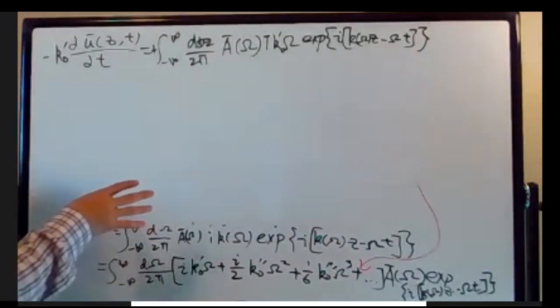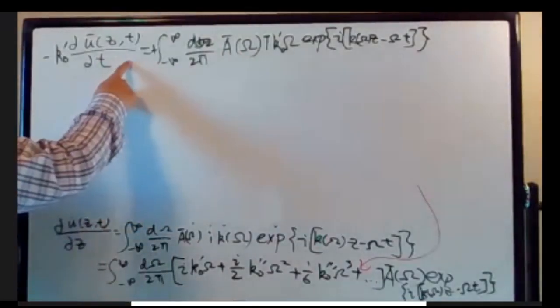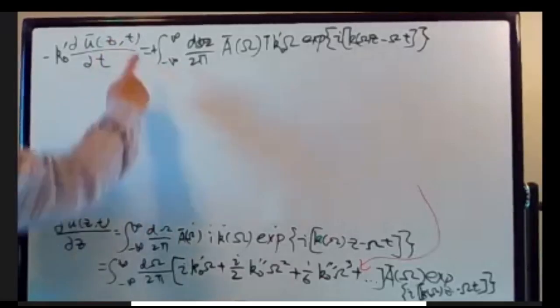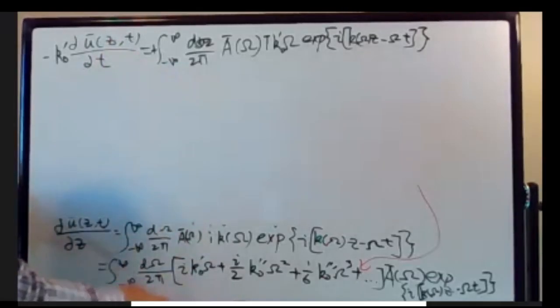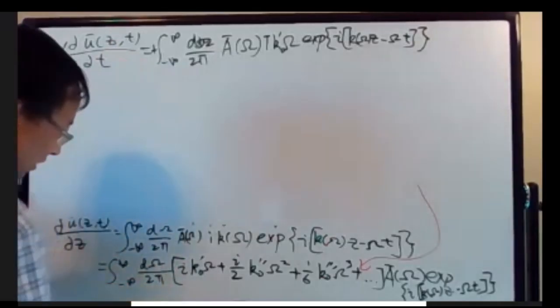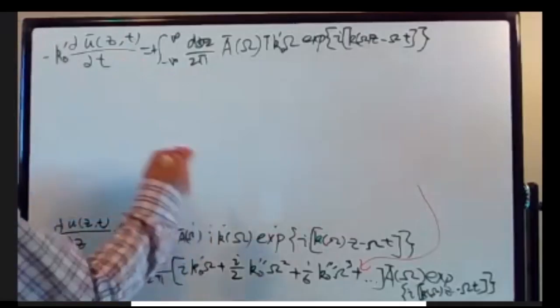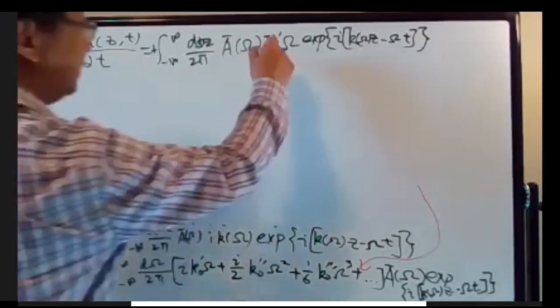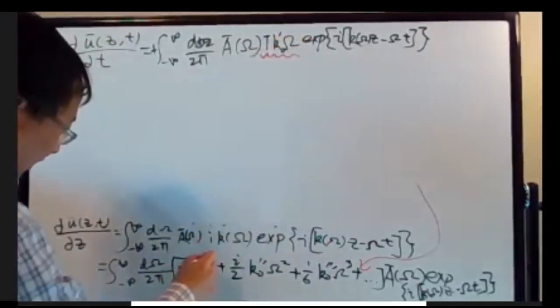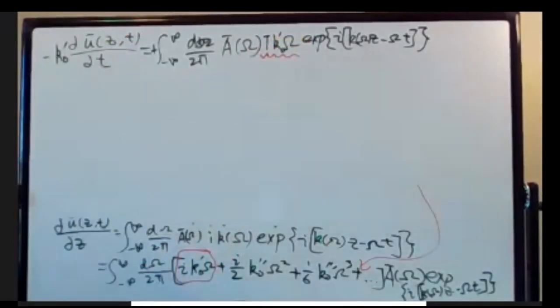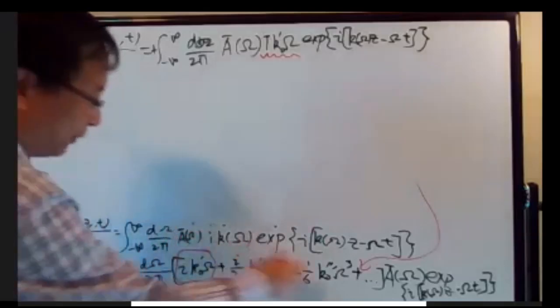That's very good. So if you compare this equation and this equation, you will find out that this piece and this piece are the same. If I take a derivative with respect to z, it will be the same as several pieces.